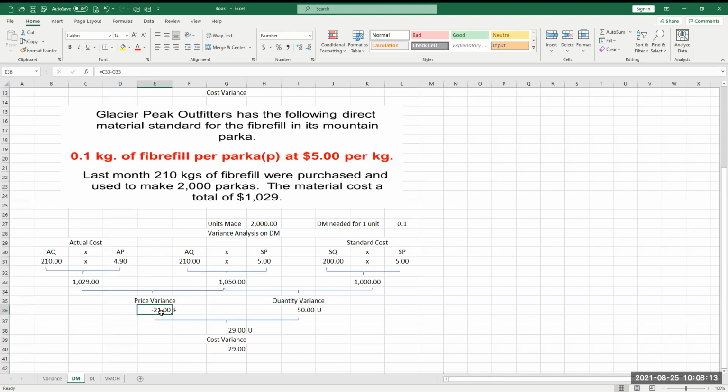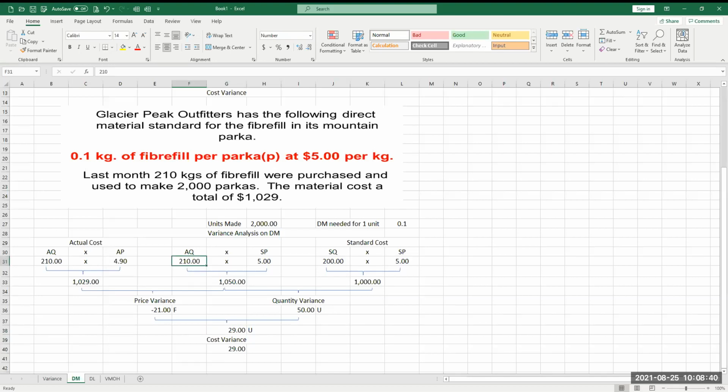However, the price per unit is not low enough to compensate for the usage of more materials. That's why I'm losing $29. Make sense? Yes. So what you need to do now is find out why you are using more quantity. More materials. Exactly. Very good thinking.